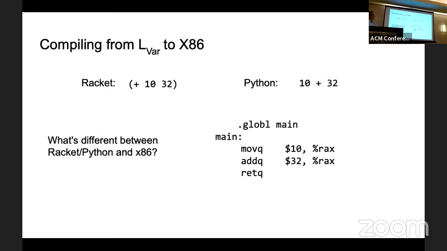Here you've got very specific names for a finite number of locations, like the registers, and memory addresses are all very unique. Whereas on the Racket side, you've got let bindings, but you could be using the same name in multiple different let bindings, right? So that's non-unique, and you have to deal with that difference.